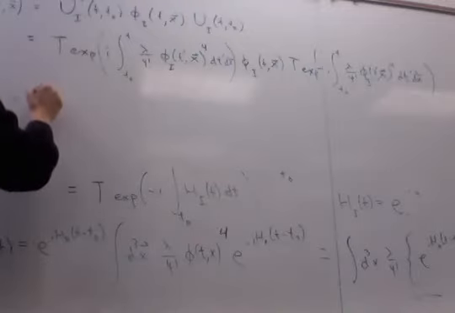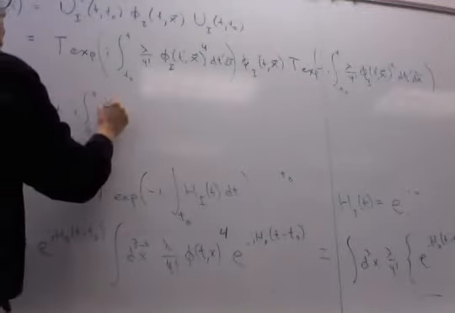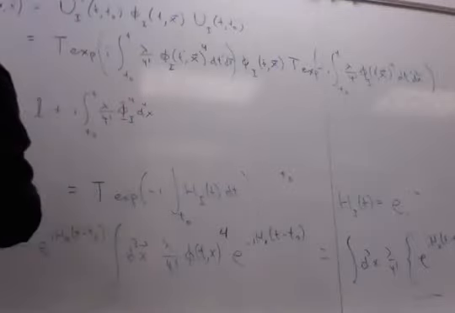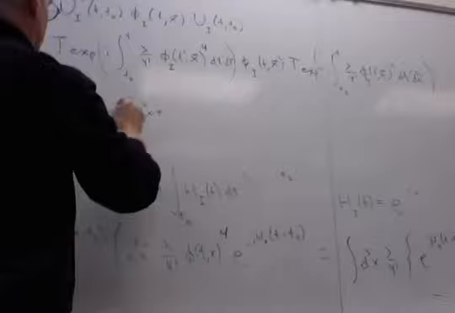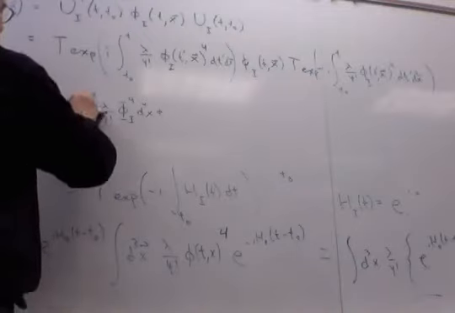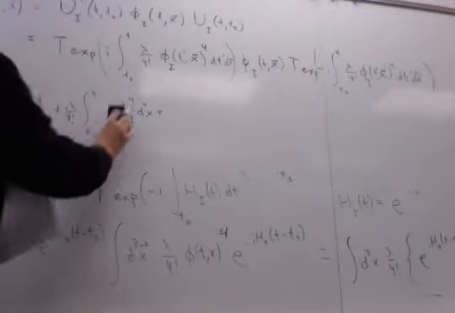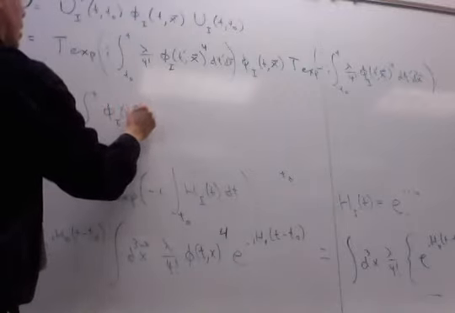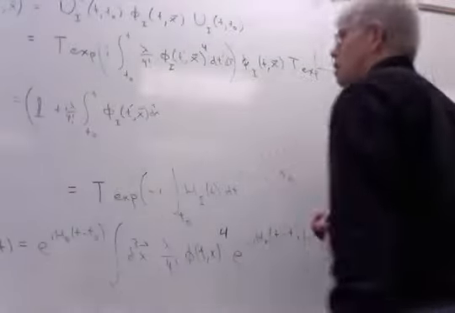So this is 1 plus i lambda, I write d4x here, times phi_I of t prime of x, d4x.